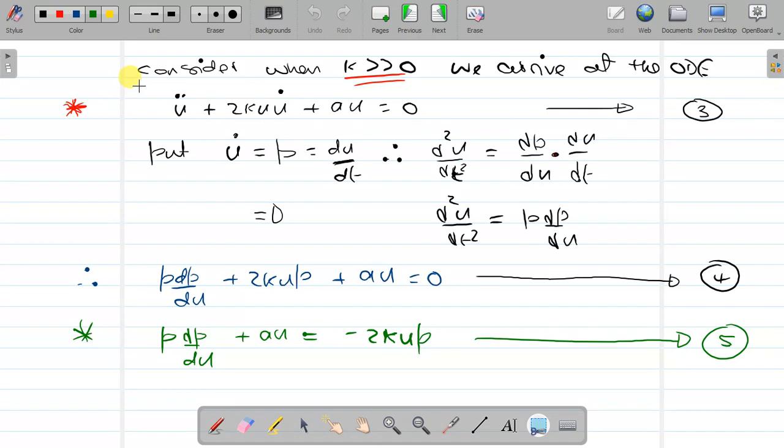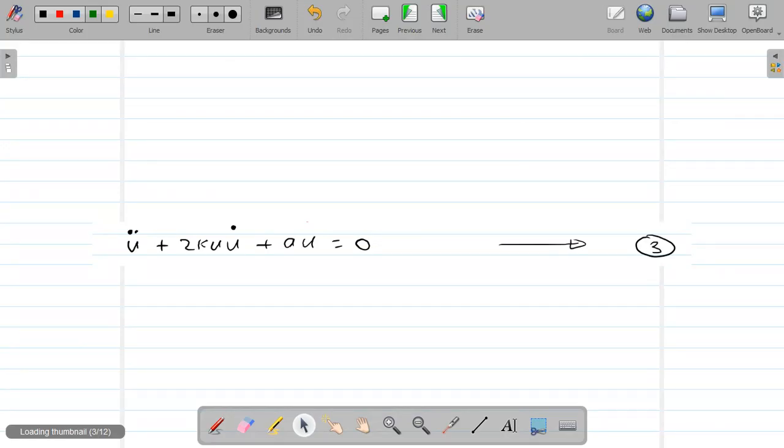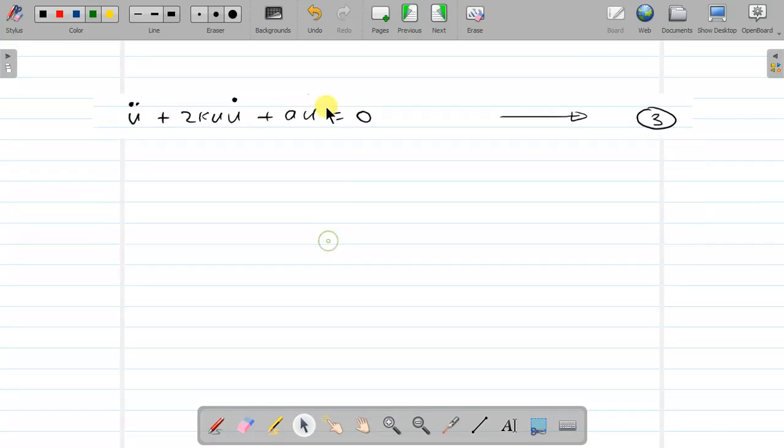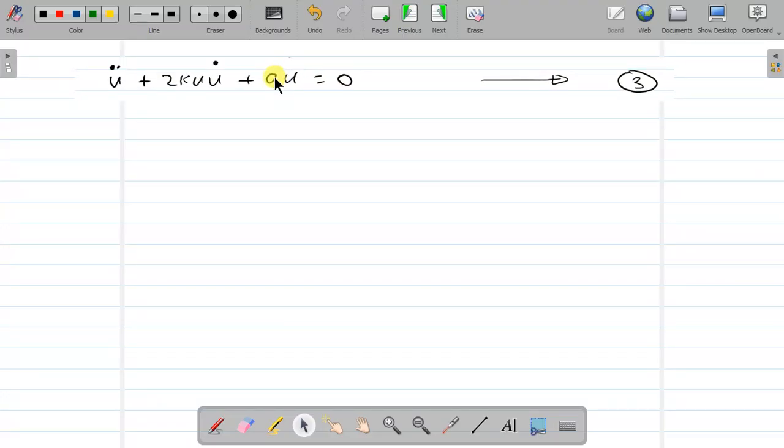So this is equation 3, and we want to cut and paste, and oh wait a minute, okay, so here in equation 3 we know u dot, I can't write to save my life, can I?